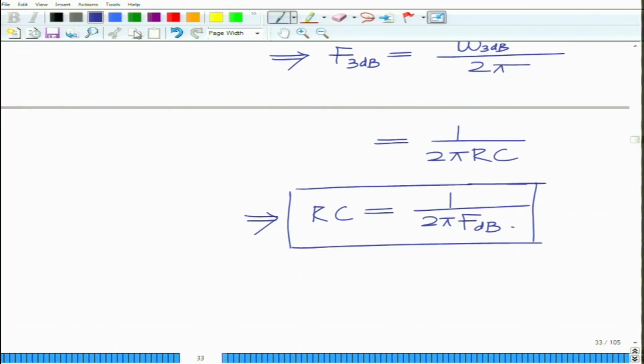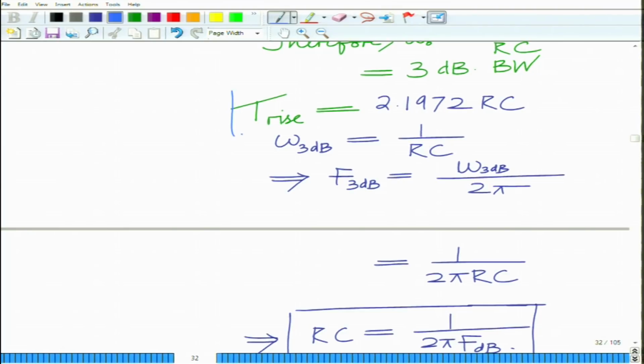Now, if you call this, let us say, 2, and you call this, let us say, 1, all that is remaining is substituting this value of RC.